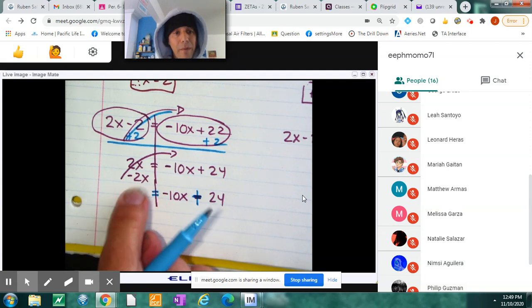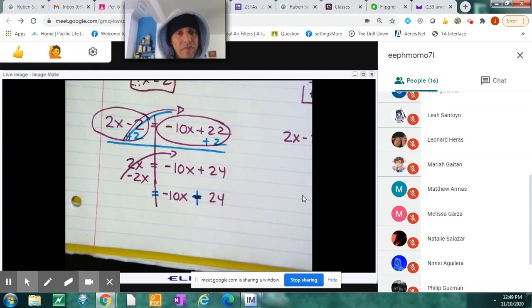But what number is on this side? Anybody? What number am I going to put on this side? What do you think? What's 2x minus 2x? Mariah? Matthew? Leah? Miranda, what am I going to put right here?